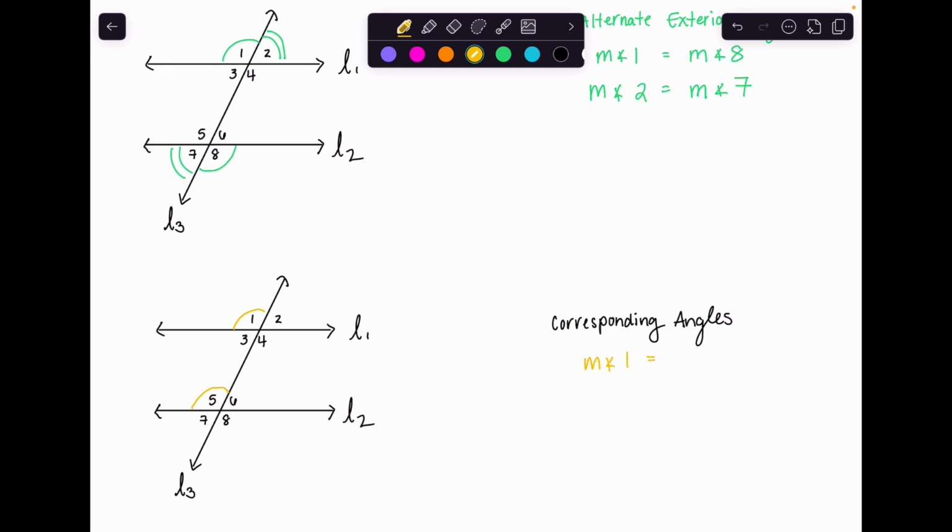So the measure of angle 1 is equal to the measure of angle 5. 2 and 6 are in the same spots. They are corresponding. Then we've got 3 and 7. And then finally 4 and 8.